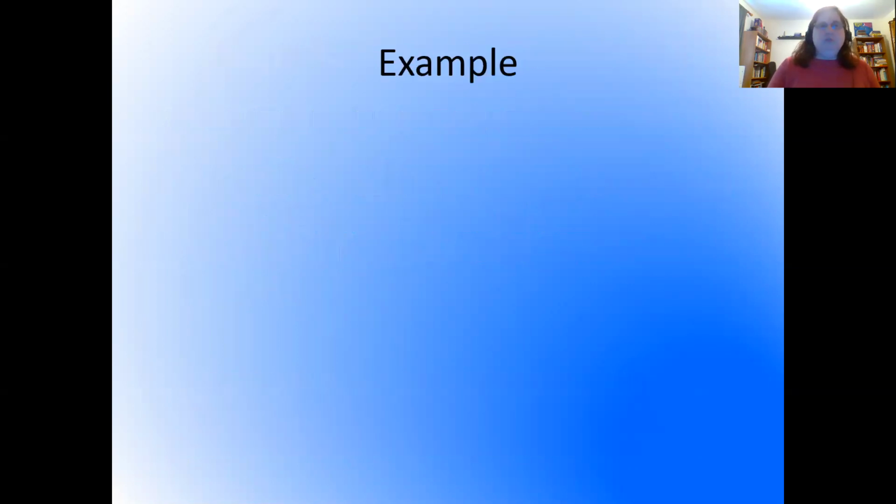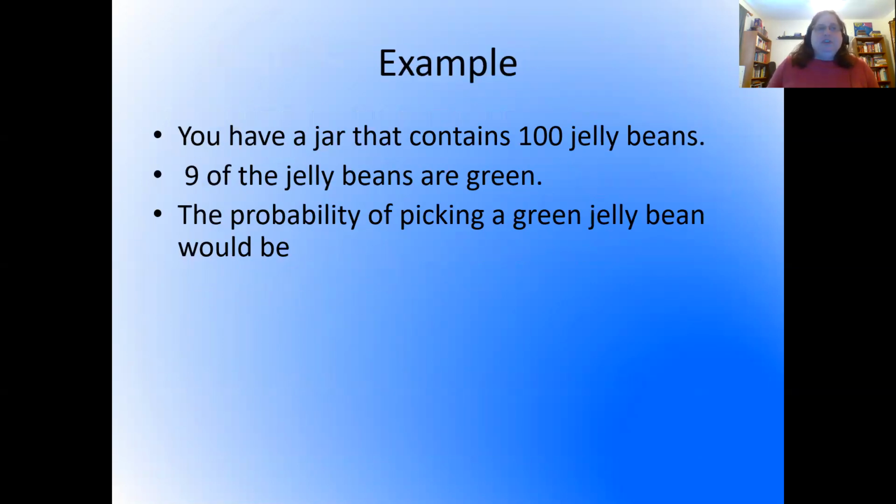Okay, so let's talk through an example here. You have a jar that contains 100 jelly beans. 9 of the jelly beans are green. So what would be the probability of picking a green jelly bean? Feel free to pause this, take a moment, think about it.